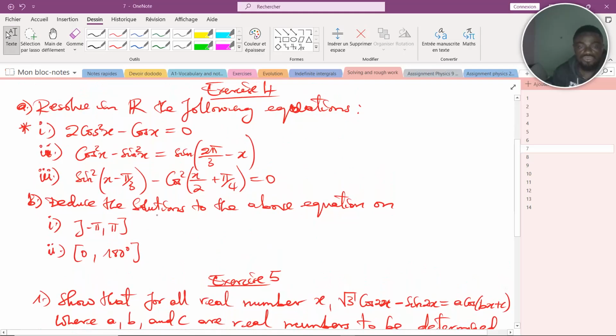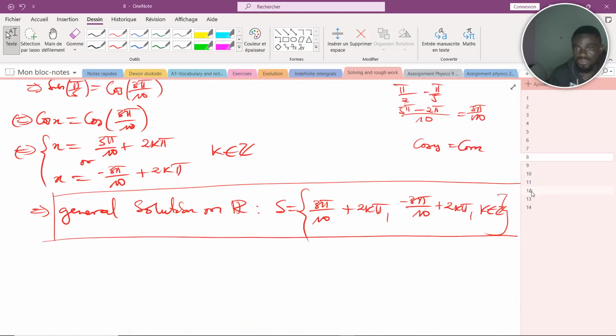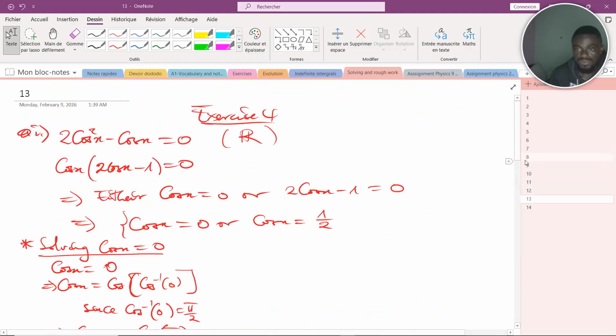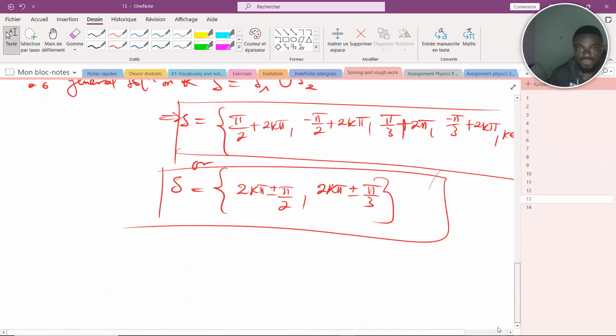They say deduce the solutions of the above equation on the interval minus pi pi. So they want you to find the solutions of this on the interval minus pi pi, and on the sub 2 you are going to find it on the interval 0 180 degrees, that is 0 pi. You understand? Okay, that's B sub 1. Okay, let's proceed to that.